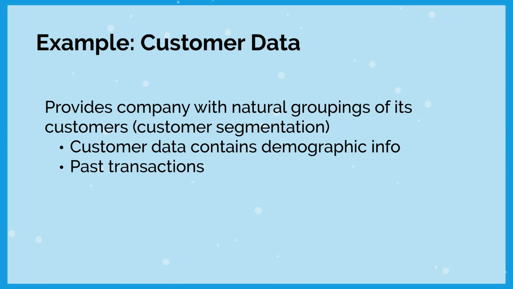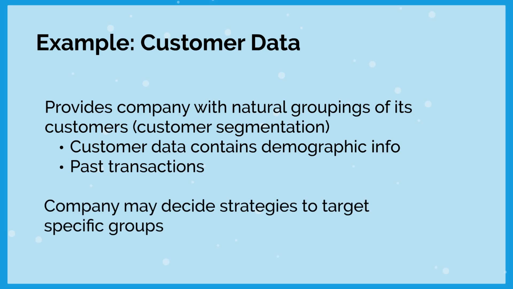So our customer data contains demographic info, and we're also going to have past transactions by all of those customers. And then we can use that information to decide strategies to target specific groups or tailor our advertising to those groups. For example, maybe Jack in the Box learns that they have a large group of customers who get the munchies late at night and come in past 10 o'clock.